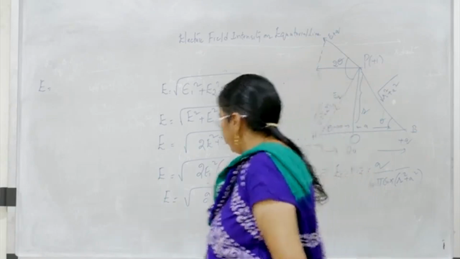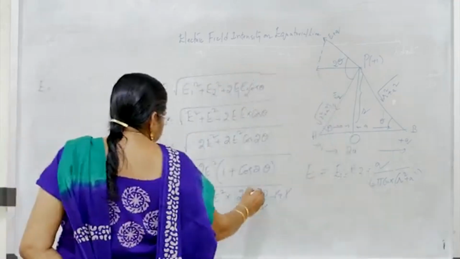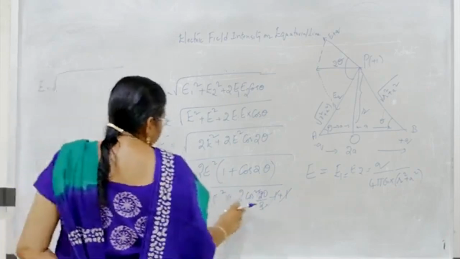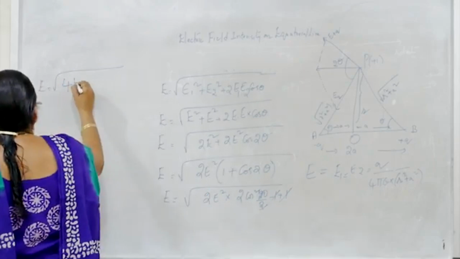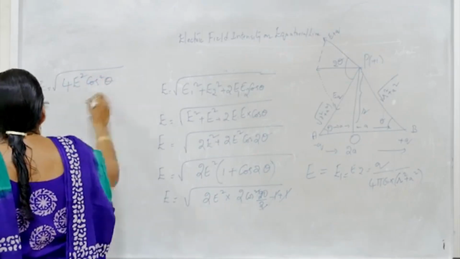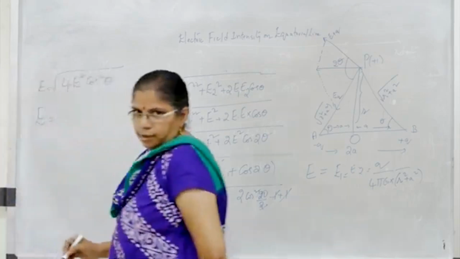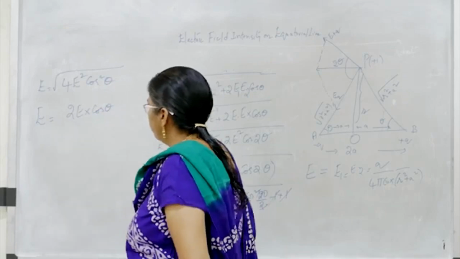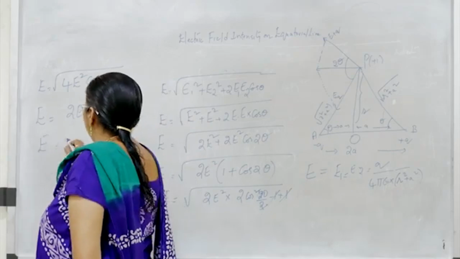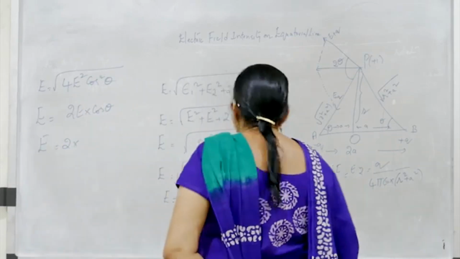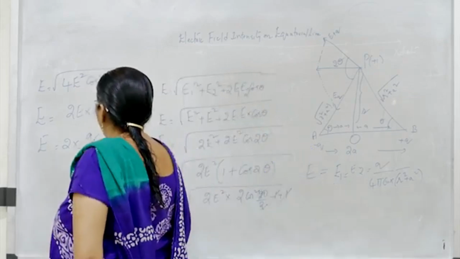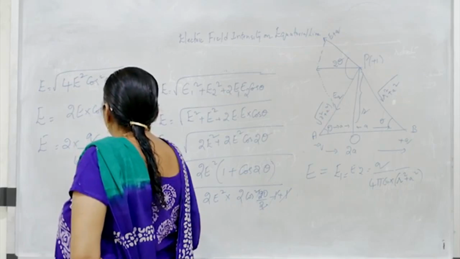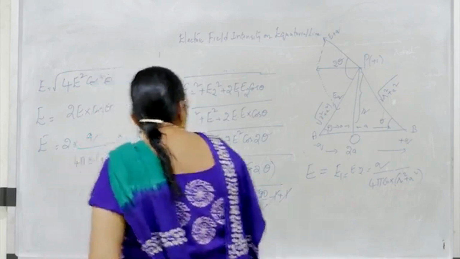The 1 gets cancelled, and the 2 multiplied by 2E square becomes 4E square cos square theta. So the total field is the square root, 2E cos theta. In place of E I write q by 4 pi epsilon naught into r square plus a square, and from the diagram I am going to calculate cos theta.